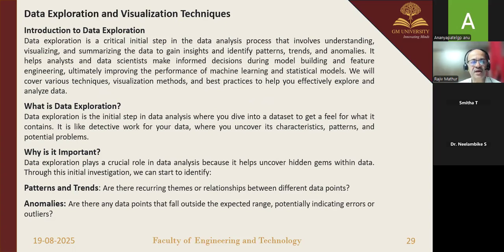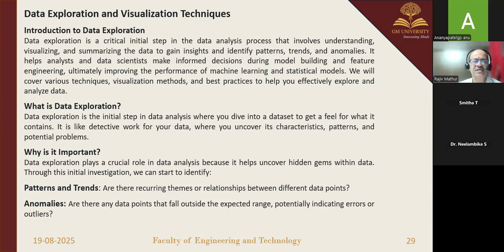Then you have data exploration and visual techniques. Introduction to data exploration. We have discussed data exploration in the previous modules also, and we'll look at it in more detail here as well.